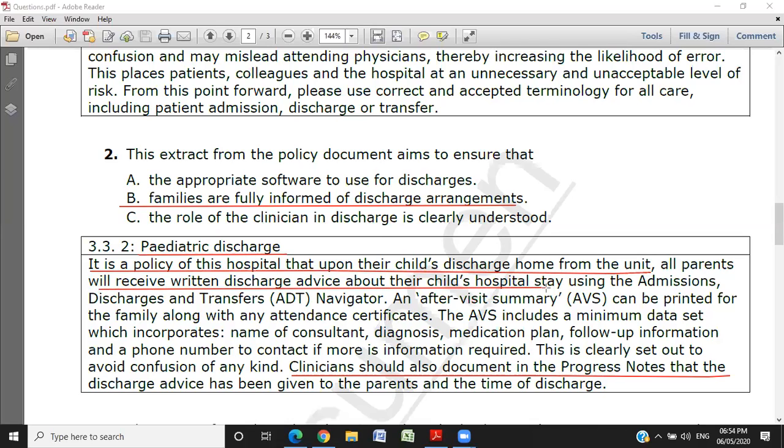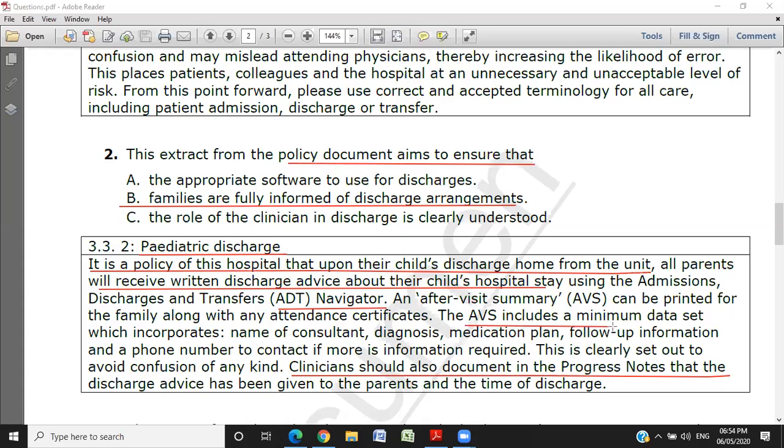So this is mainly written to inform them about the policy. Yeah, so here it says it aims to, it's not to inform but to ensure that they follow the policy. So the policy is to provide written discharge advice. Then they have given some information as to how they can provide it. So they are supposed to use this ADT navigator, and it can also be printed if it is necessary.